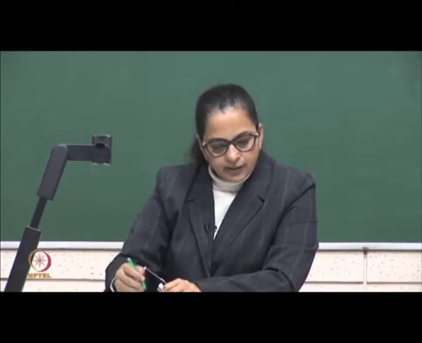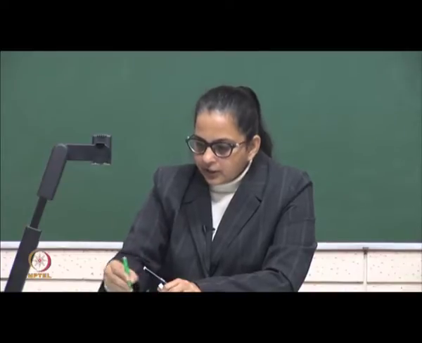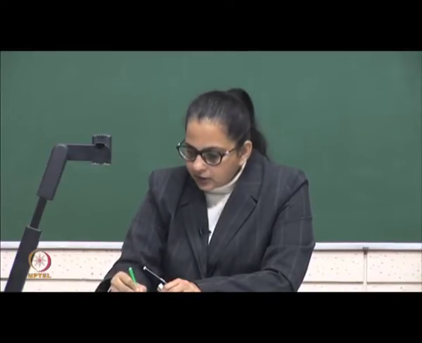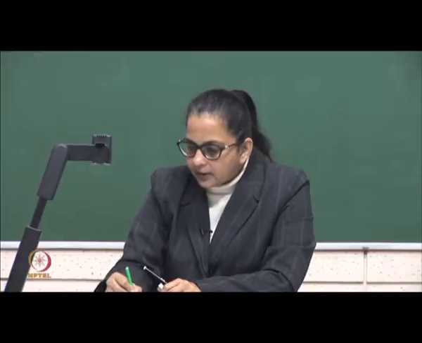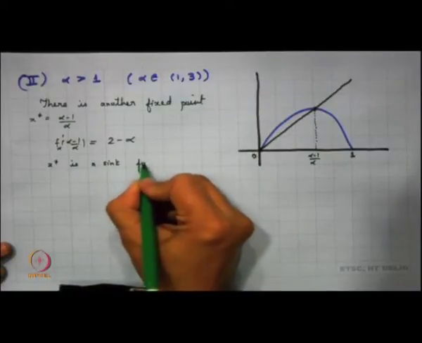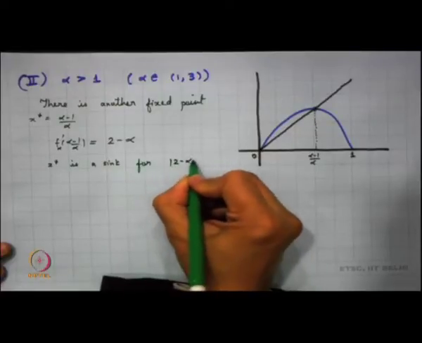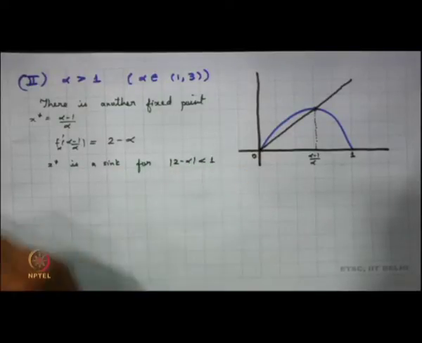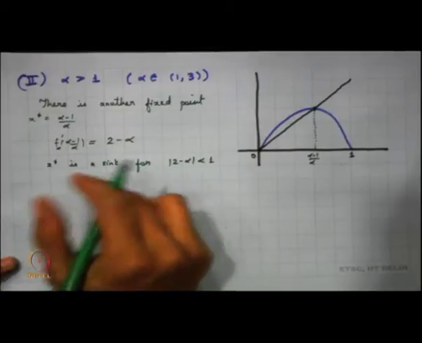Now, if I look into this x star, (alpha minus 1) by alpha, x star is a sink for modulus of 2 minus alpha less than 1. If this holds true, then it is a sink.